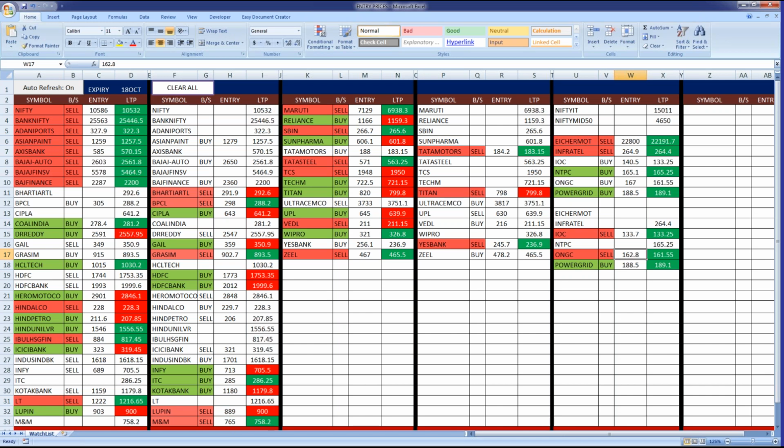Now I have a call on the long-term chart, the 30-minute chart, that gives me confirmation that it's a very strong sell. I'll just pick the chart for you. So we can expect a target of 159 for ONGC now. When I get a confirmation on the long-term trend, I can add one more lot and trade again. And I have a call in L&T.